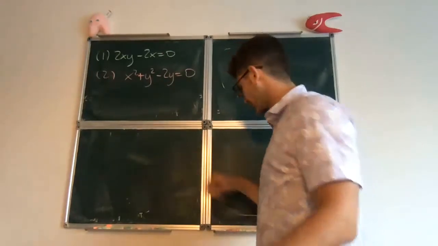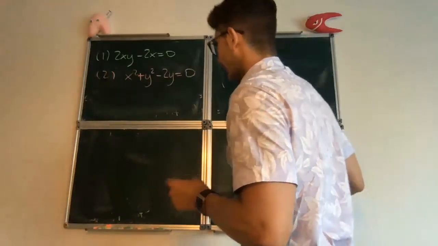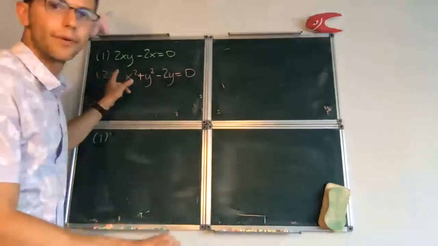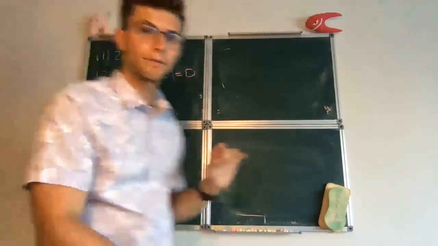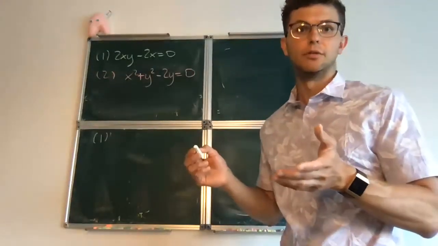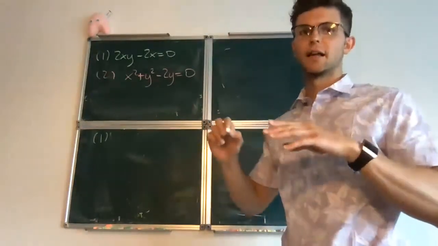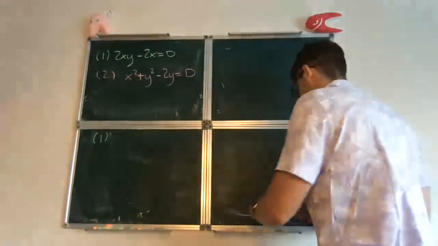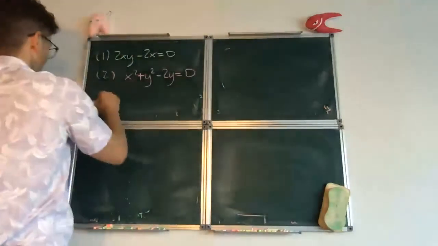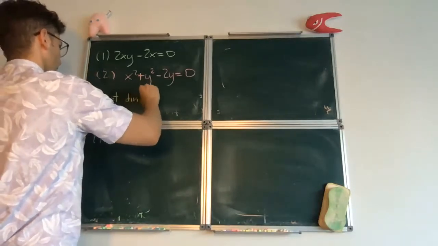Okay, we have to analyze each of the equations. We can start with the first one. For the first equation, there's a strong temptation to divide by x, but that's something you must avoid, because in general x might be 0, and so dividing by x, which is the same as multiplying by 1 over x, may not be allowed all the time. So just remember, as a precautionary measure, to not divide by variables.